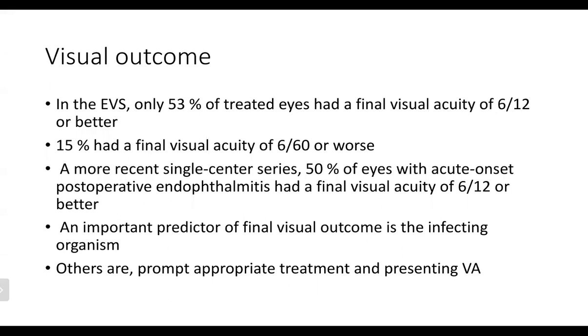An important predictor of visual outcome, like I said, is the infecting organism, and the others are prompt and appropriate treatment, and then the presenting visual acuity. Patients that present with worse visual acuity usually have a worse visual outcome than those with a better visual acuity.